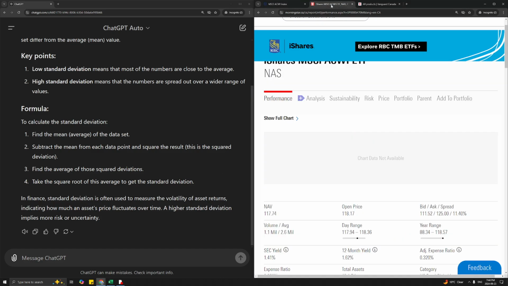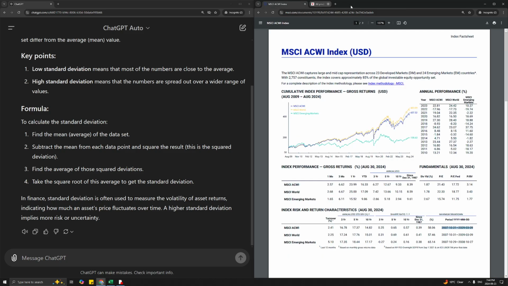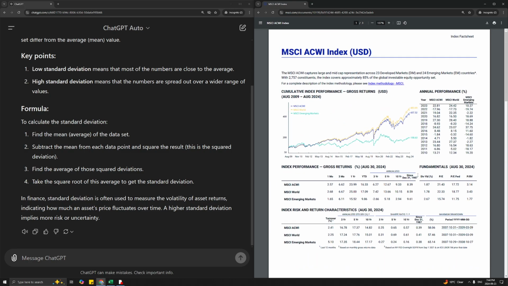Okay, so the way we're gonna do that, there's a couple different ways to do it. But there's actually already equities. I'll open those back up. But we're gonna take this fund and then we're gonna go to ChatGPT to help us build a portfolio with a similar profile.